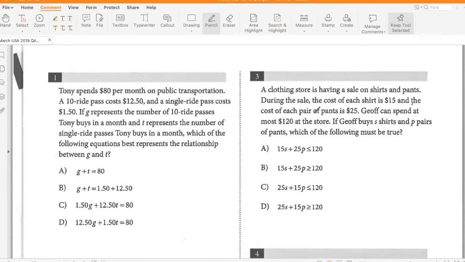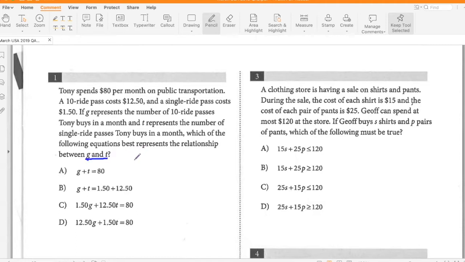Question 1. Tony spends $80 per month on public transportation. A 10 ride pass costs $12.50 and a single ride pass costs $1.50. If G represents the number of 10 ride passes Tony buys in a month and T represents the number of single ride passes he buys in a month, which of the following equations best represents the relationship between G and T?